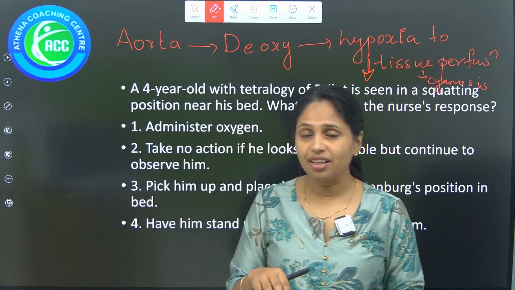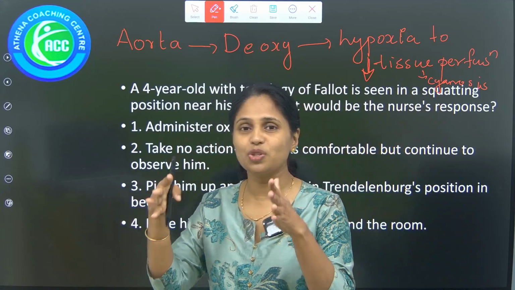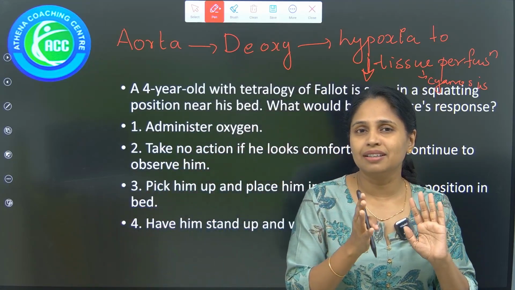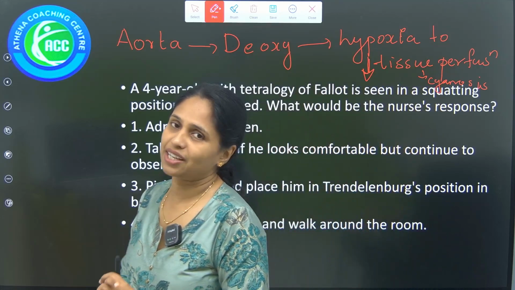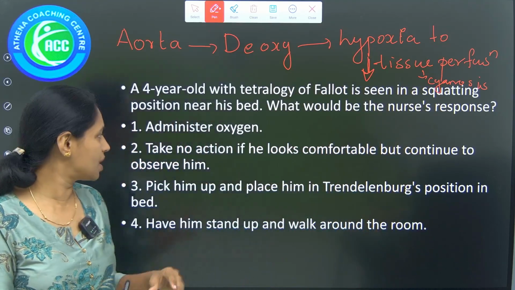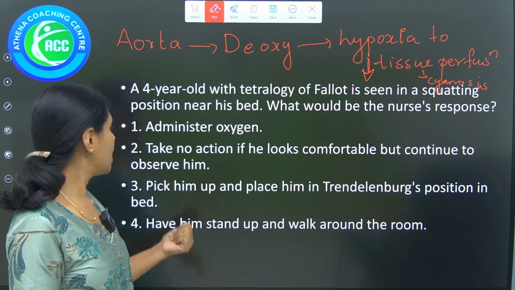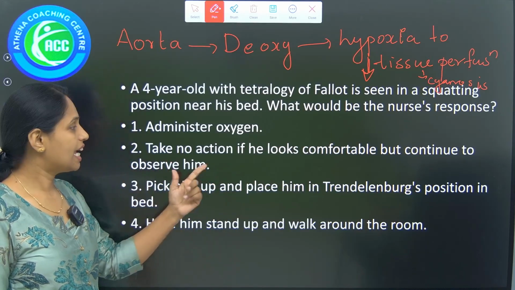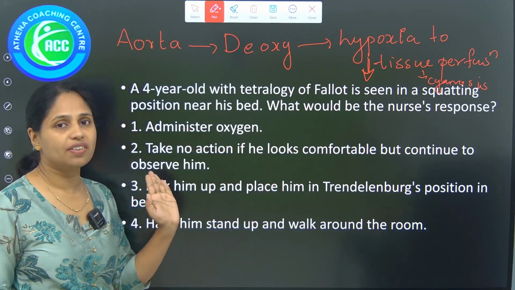Okay, so here you have a 4-year-old child with tetralogy of Fallot found to be in a squatting position. So what is your best nursing action? Now you can read the options. Number 1, administer oxygen. Number 2, take no action if he looks comfortable but continue to observe him.